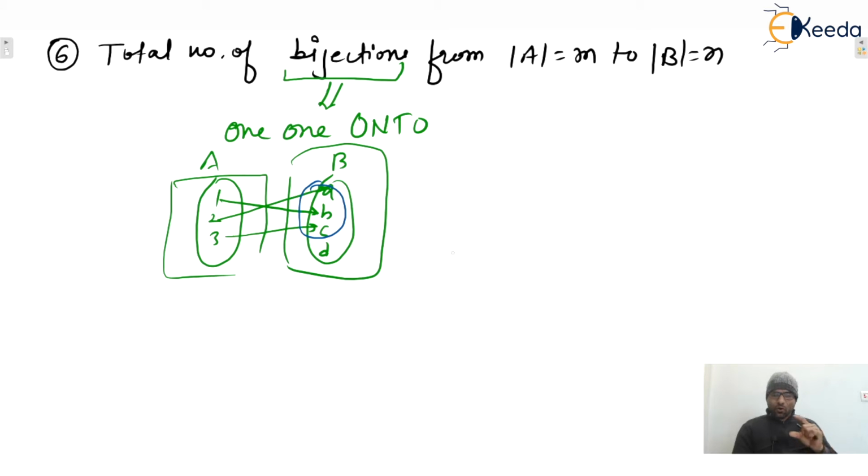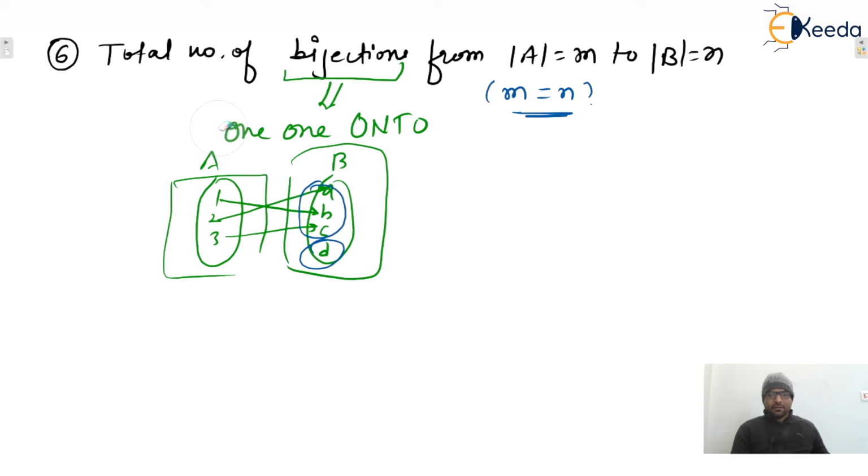That means every element inside set B must have a pre-image inside set A. Here D doesn't have any pre-image, that's why that is not an onto function. So M is equal to N only. Then only bijections are possible.